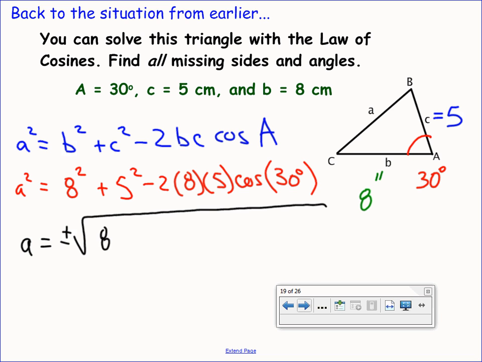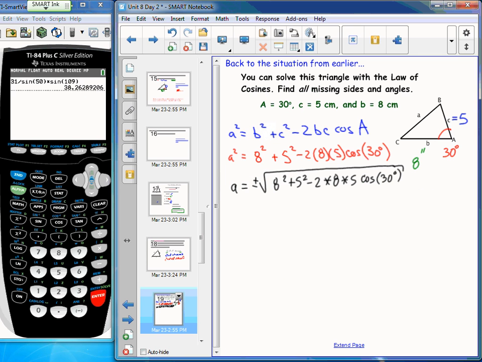And what is it? It's the square root of 8 squared plus 5 squared minus 2 times 8 times 5 times the cosine of 30 degrees. All right. So I'm not going to do intermediate evaluations. I'm going to go to my calculator and do that one time.